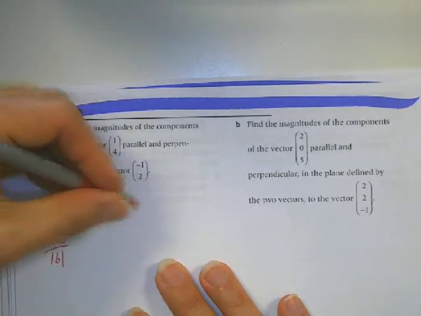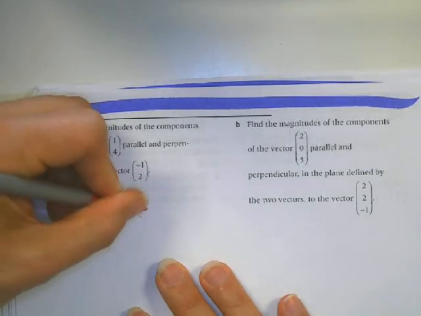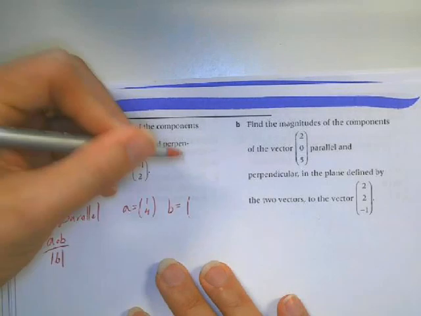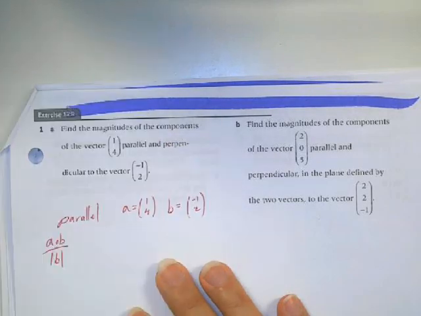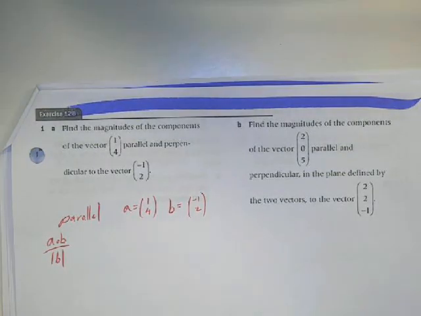And we can say A is equal to 1, 4, and B is equal to negative 1, 2. Understanding which one is A and B is going to be really important for problems 2 and 3 after we do this. Okay, so let's get started.